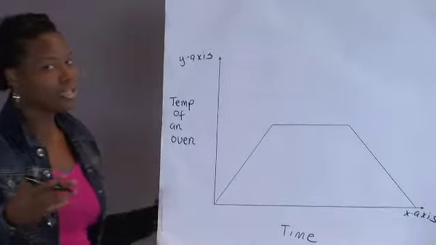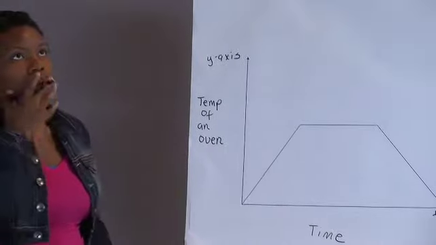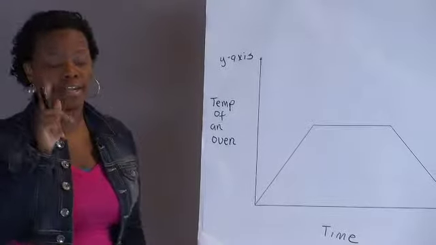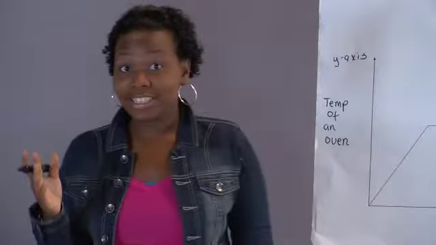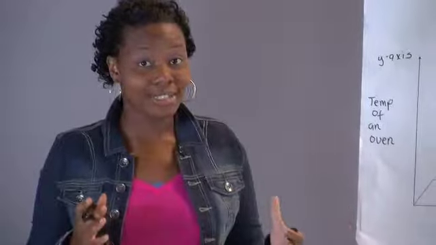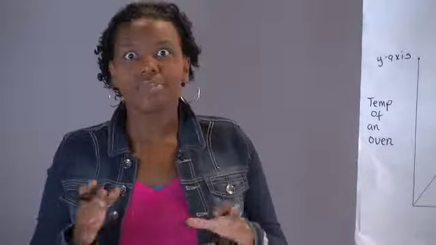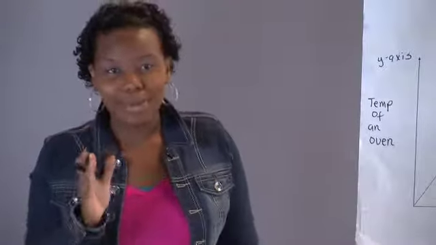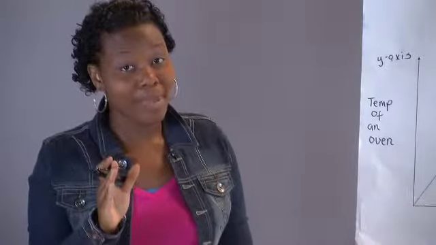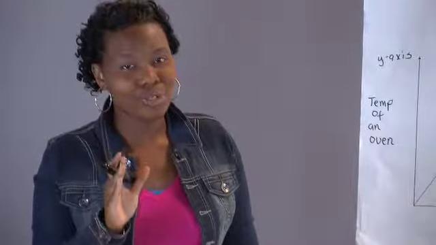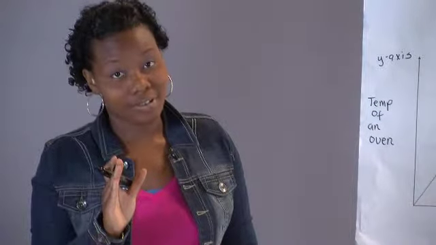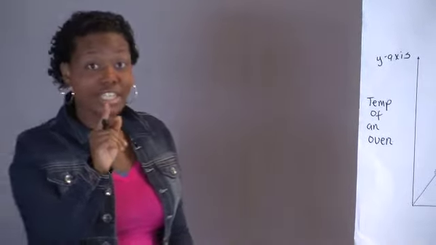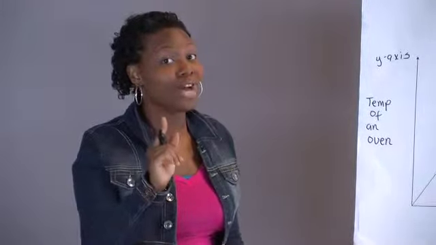Now, before I put numbers here, let me think about what I want this to interpret. Okay, I got it. I like to cook. My favorite dish is mac and cheese. Let's say I'm cooking macaroni and cheese for Sunday dinner. For anybody who likes to cook, you know that the first thing you have to do is warm up the oven. The temperature for mac and cheese has to be 375 degrees.